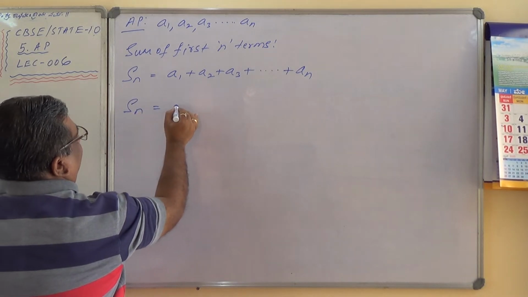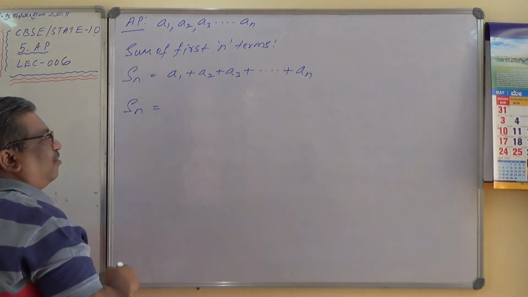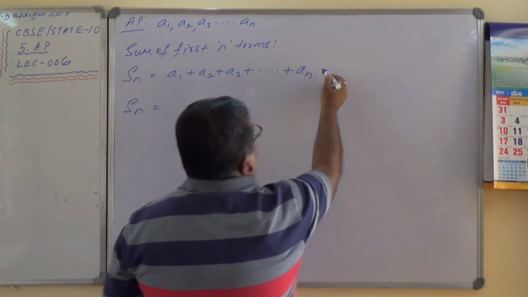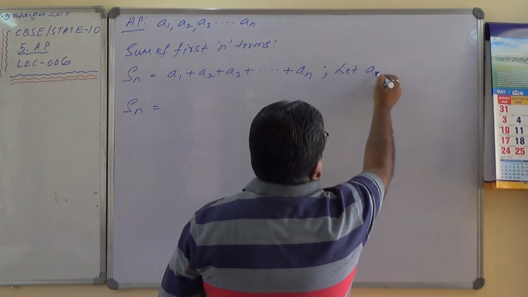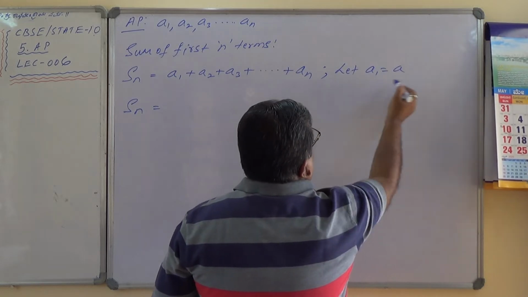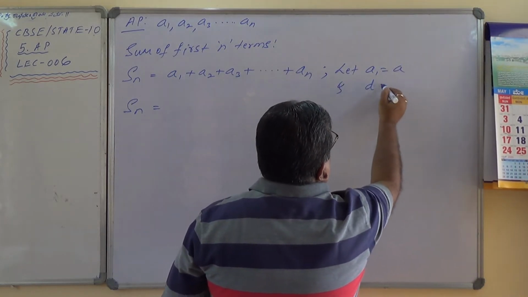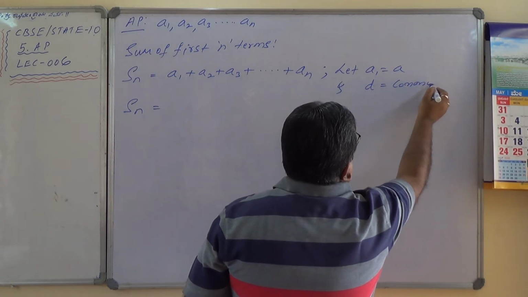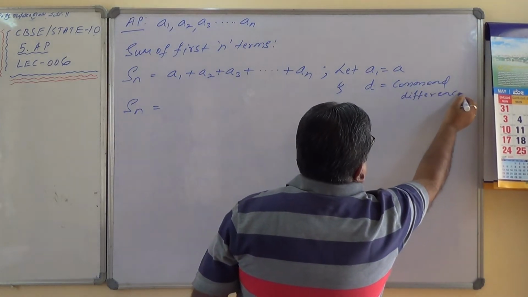Sn is equal to... A is the first term. Please remember, A is the first term and D is the common difference. So I'll write here, if this is the arithmetic progression, then let A1 equals A and let D be the common difference.